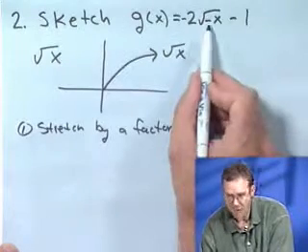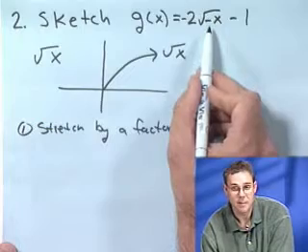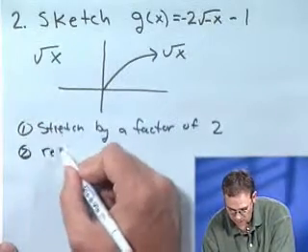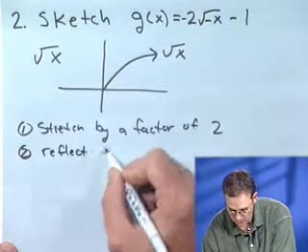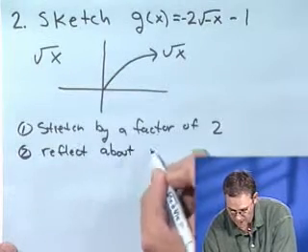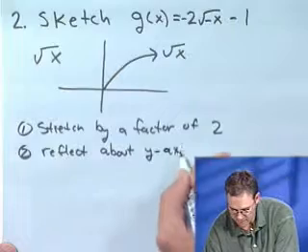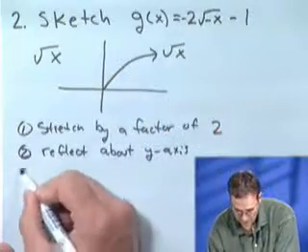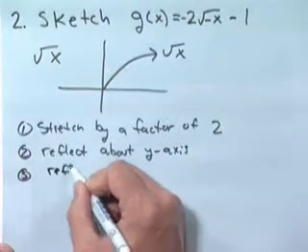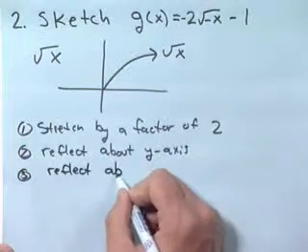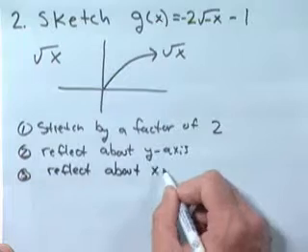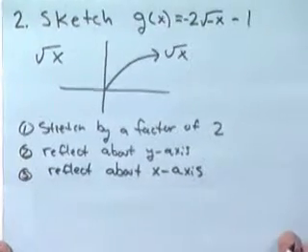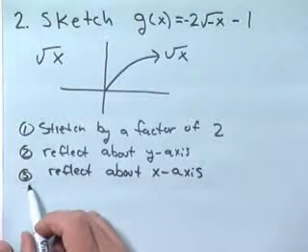Okay. I've got a negative inside the function. That means I reflect about the y-axis. I also have a negative out in front, which means I reflect about the x-axis. Now again, you might want to review those lessons in lesson 3.